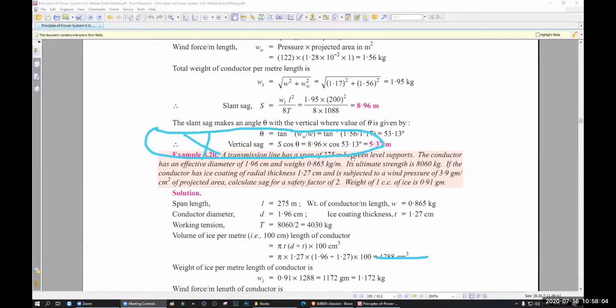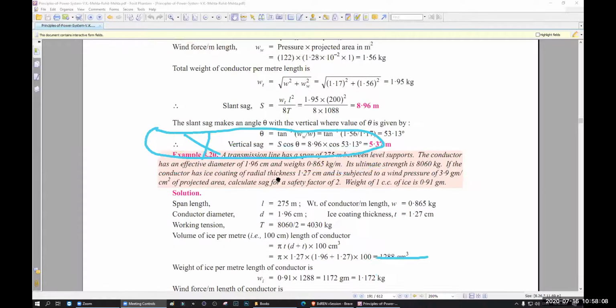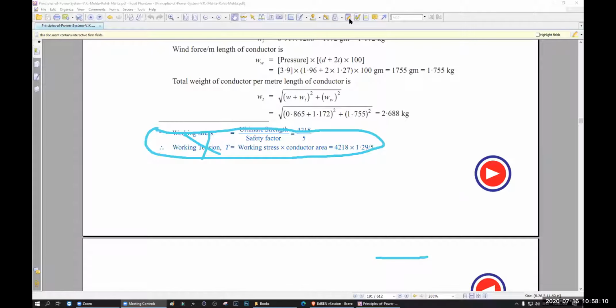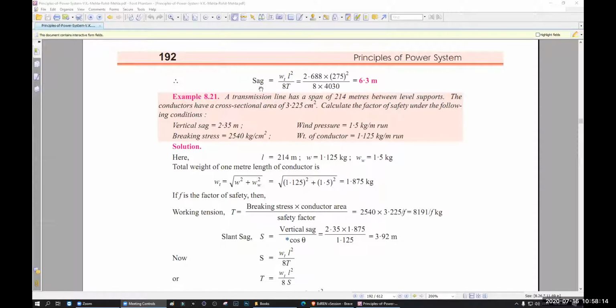This was for maybe this example. Now here, sag is WT L square over 8T. WT is equal to 2.688. L square is equal to 275 whole square. 8T is equal to 4030. 6.3 meters. Understood? That is the sag.